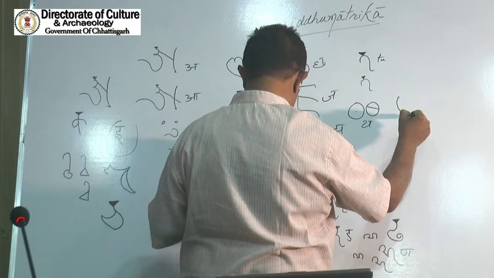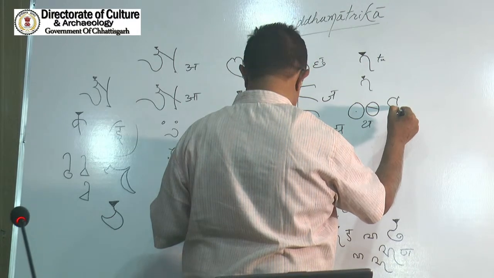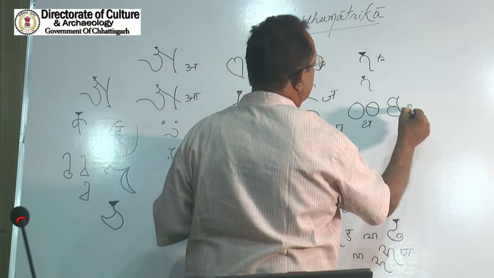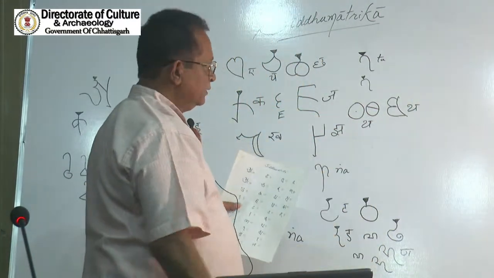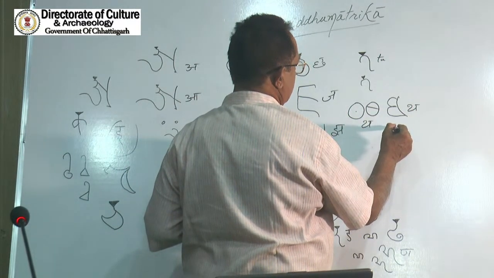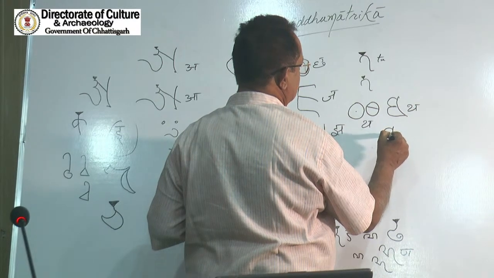One stroke, again you connect it like this, and so this is the tha. It actually changes. First put a stroke here, then connect it like this.